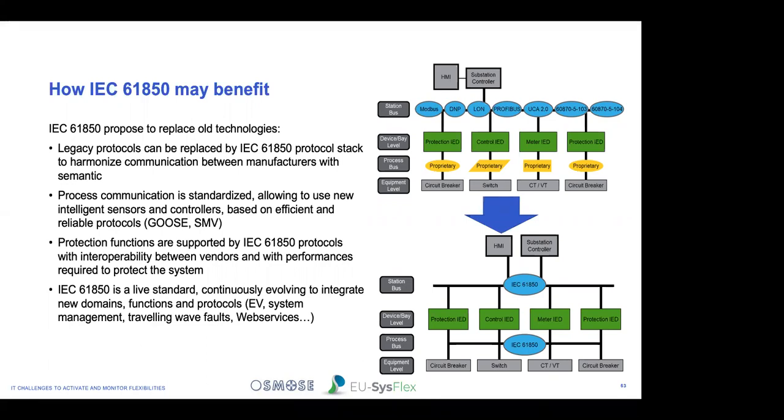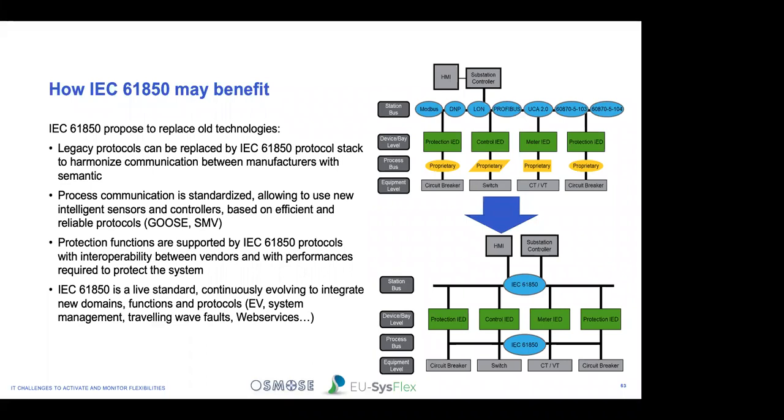Now, process communication is standardized, allowing the use of new kinds of devices which are intelligent, like intelligent sensors and controllers, directly connected to the process elements like circuit breakers, switches, CT/VT, and based on efficient and reliable protocols.